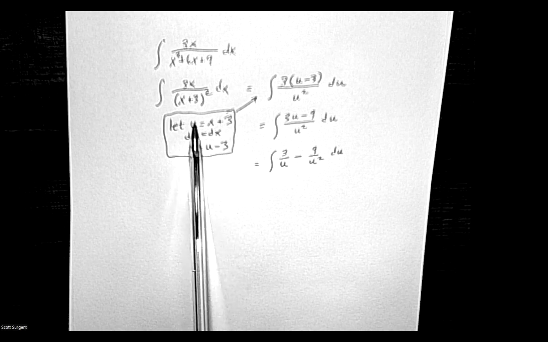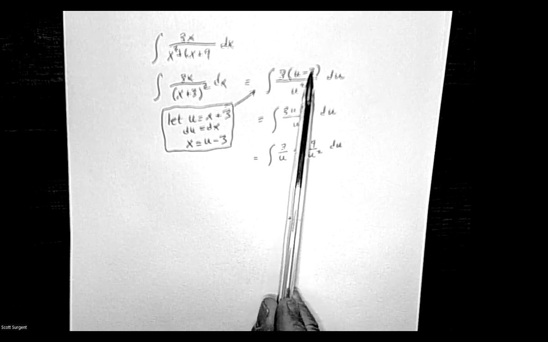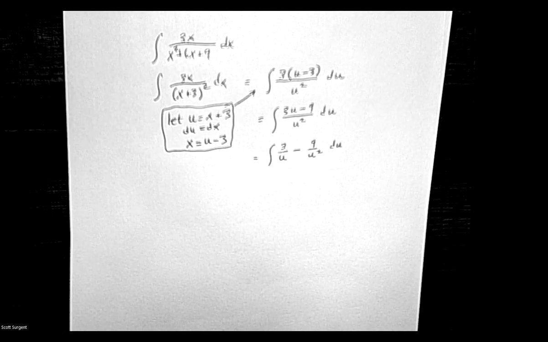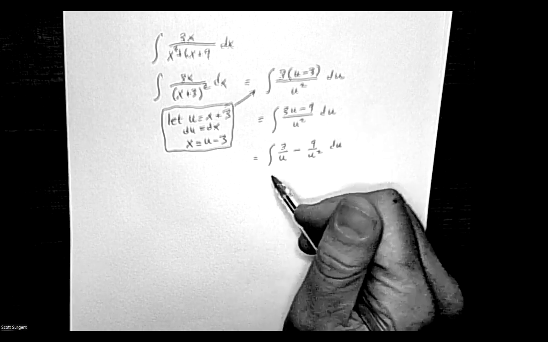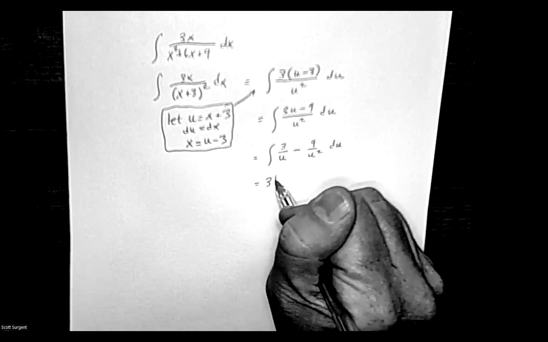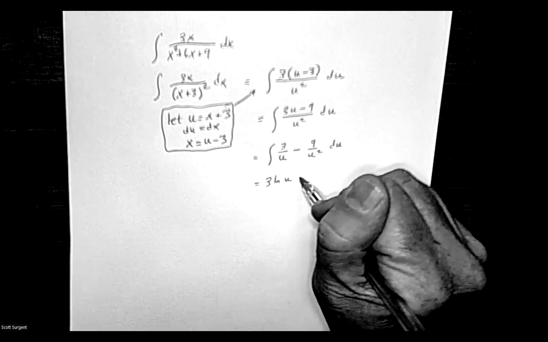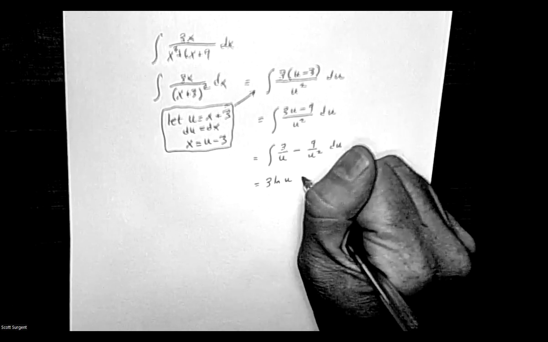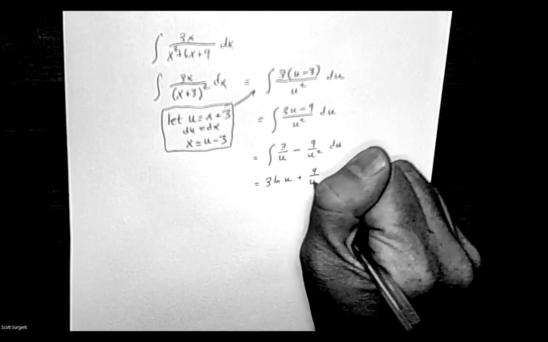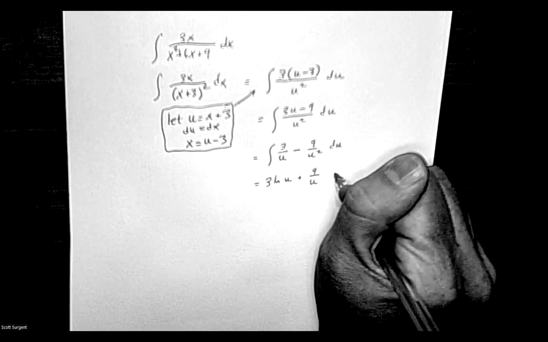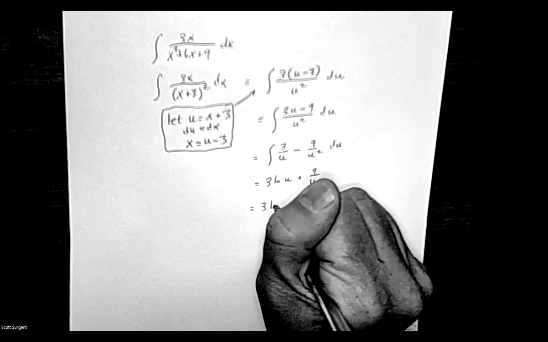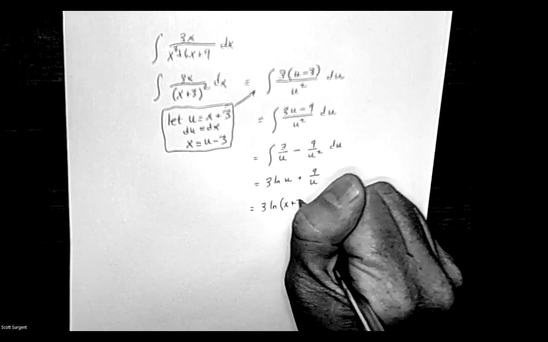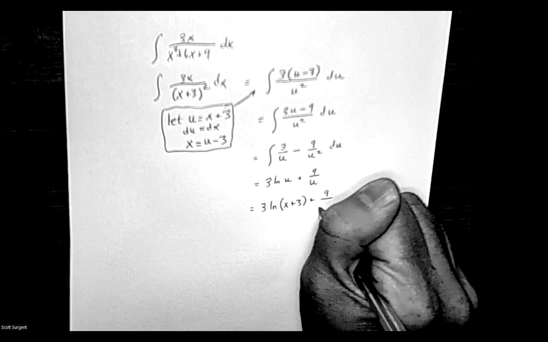And then x would be u minus 3. So if I make the substitution there, suddenly it splits apart nicely. So I've got 3 natural log of u. And then we have to do the same thing. It's u to the negative 1, so it's going to be plus 9 over u. And we're basically done. 3 ln x plus 3 plus 9 over x plus 3.